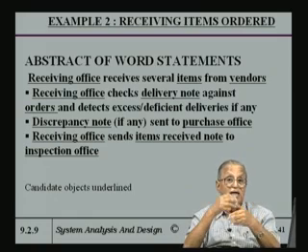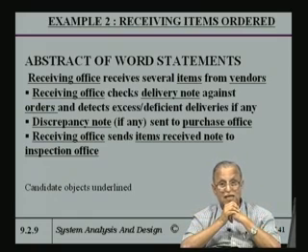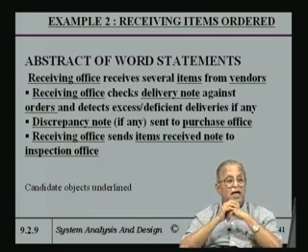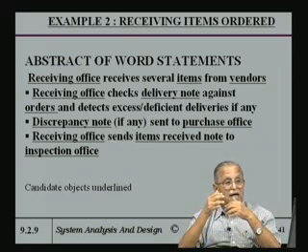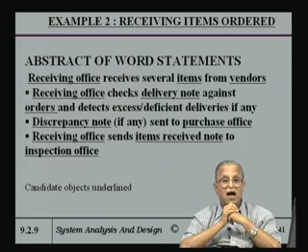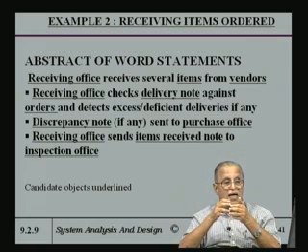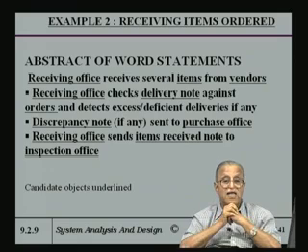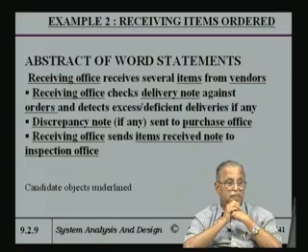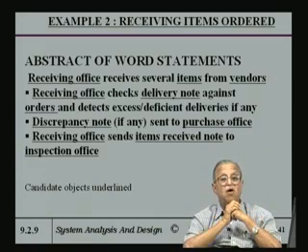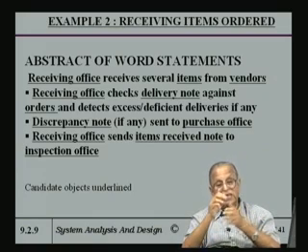In fact, we came up with a data flow diagram for this earlier. It checks against orders placed, and detects excess or deficient deliveries if any. If there is an excess or deficient delivery, then normally the purchase office will be informed about this, so a discrepancy note is sent to the purchase office if any.